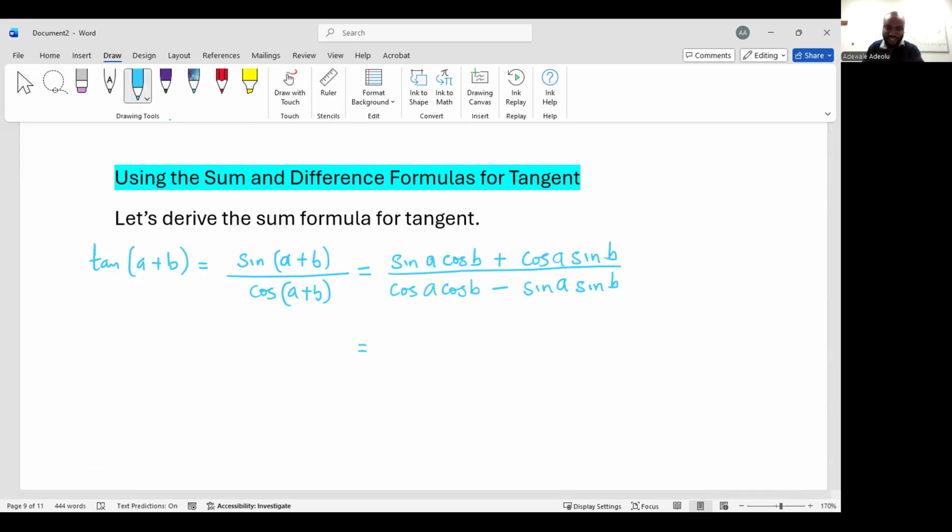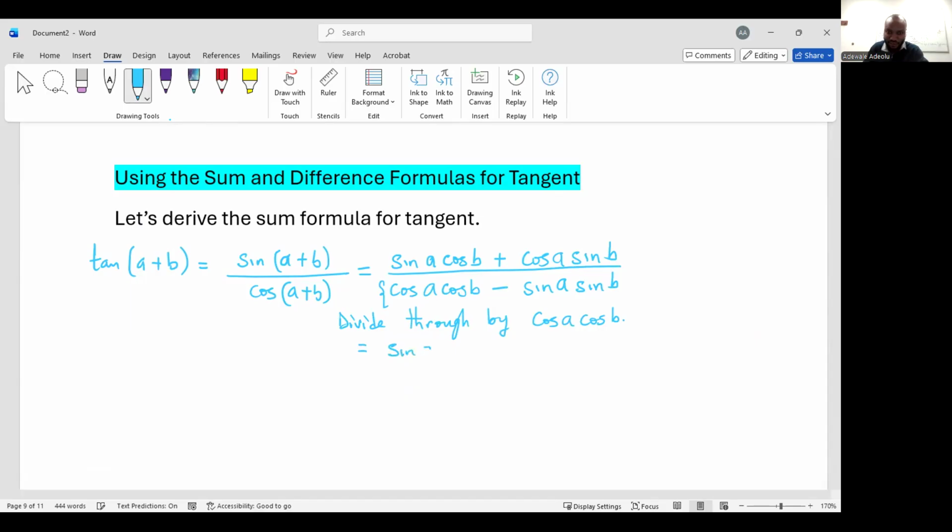Then I will divide through by cosine of A, cosine of B. You will see why we did that. I want to divide each term by this.